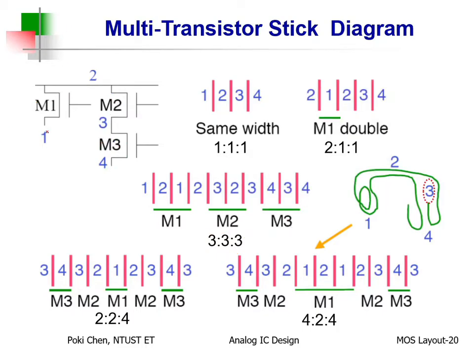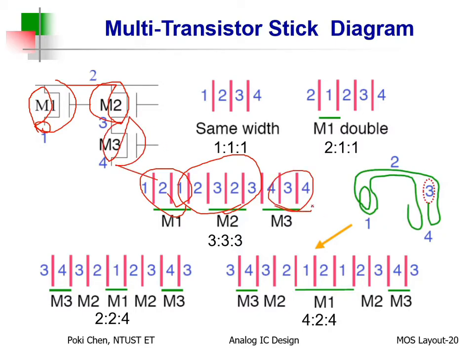Again, start from here: 1, 2, and 3. All 3 segments are laid out. Then 1, 2, 3, 3 segments for M2 stacked. Then finally 1, 2, 3. Got it?